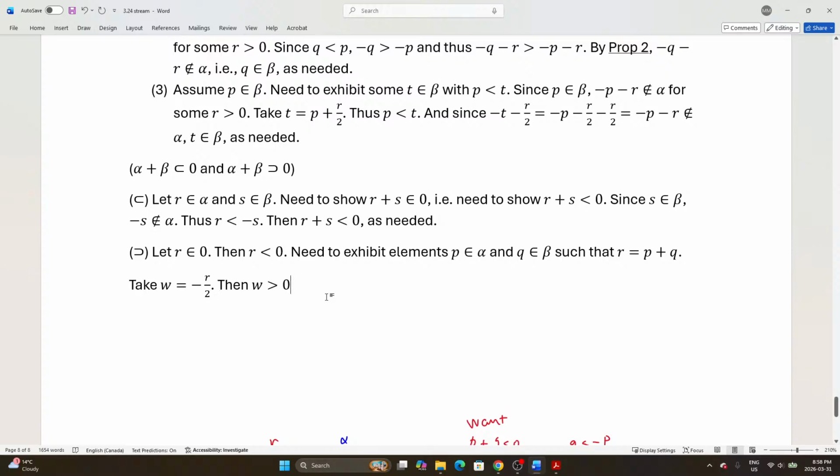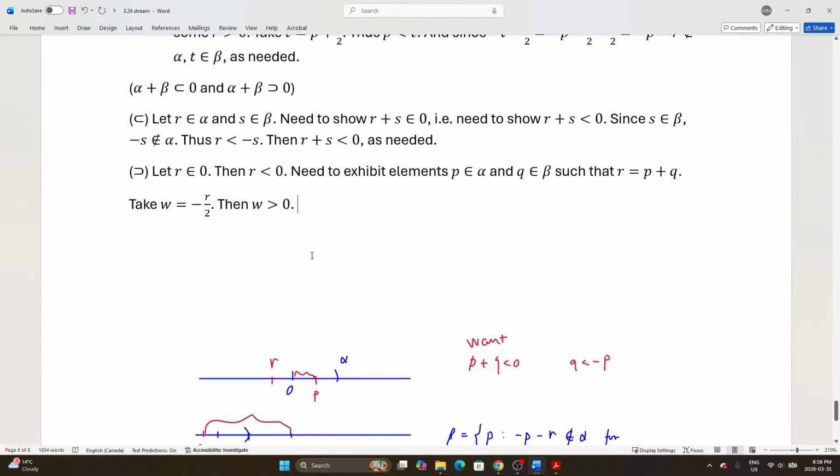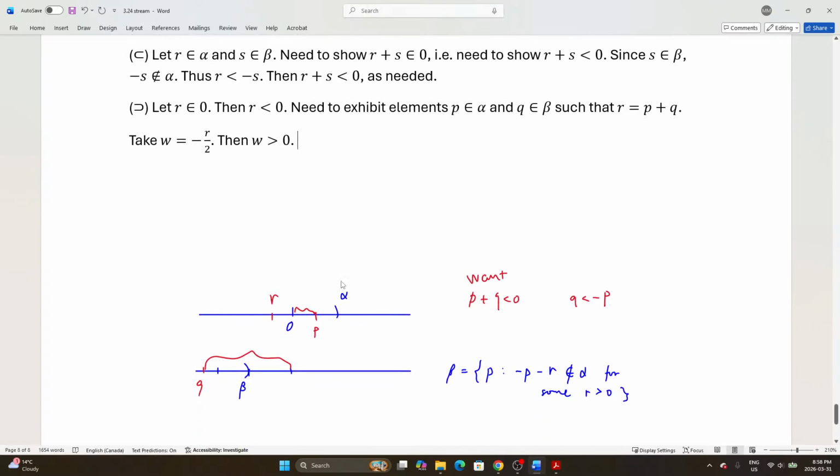I'm going to use a property of the rationals. Because alpha is not the whole of the rationals, you can find something that is not in alpha.